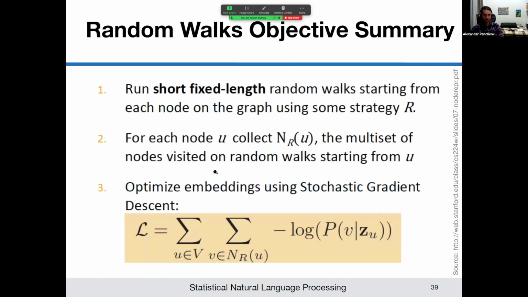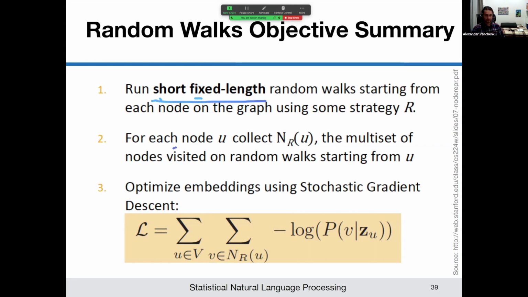So in short, what you have to do to train this DeepWalk approach: first you run this short fixed length random walks.